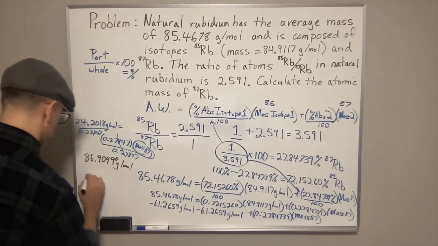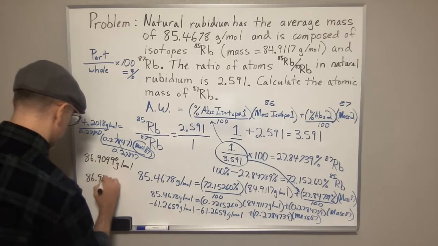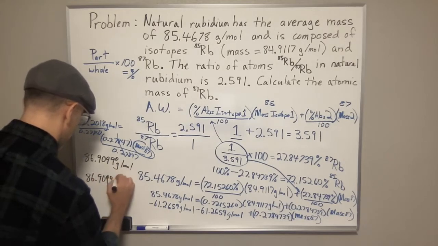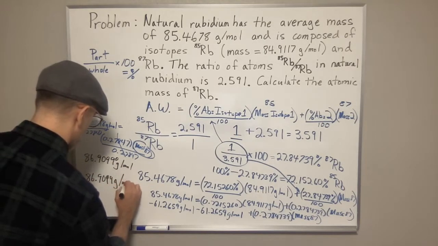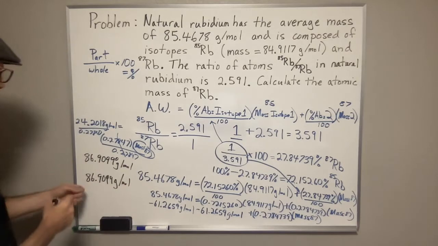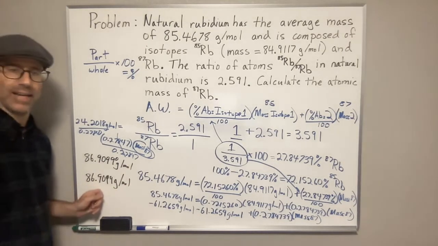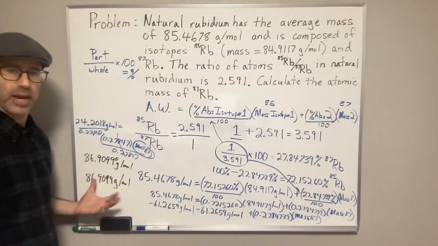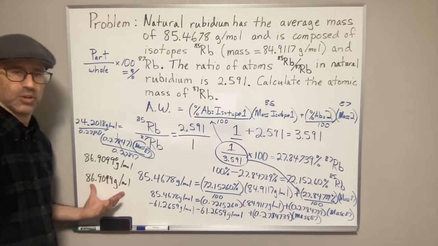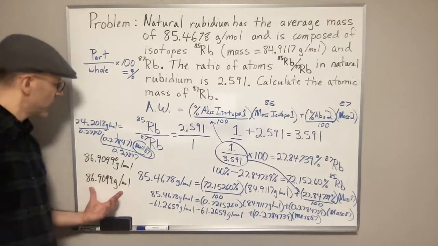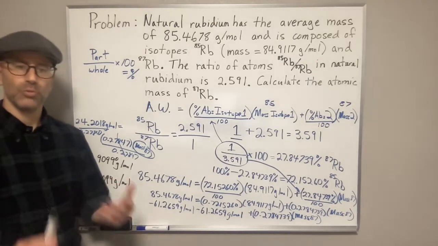So the final answer is 86.9099 grams per mole. And you can see that mass is very close to 87, which is what you would expect for the atomic mass of the isotope. So that's rubidium-87's mass.